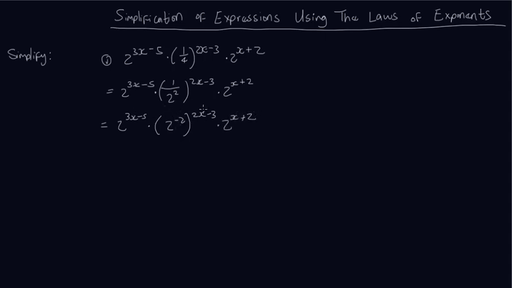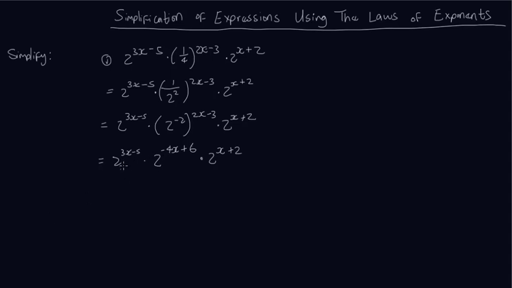The exponent outside multiplies the exponent of 2 inside, which is how we remove brackets. So it's 2 to the 3x minus 5 times 2 to the minus 4x plus 2 times 3, that's 6, and then times 2 to the x plus 2.